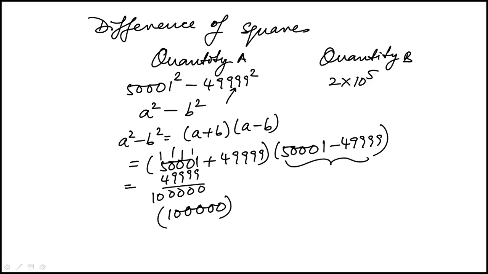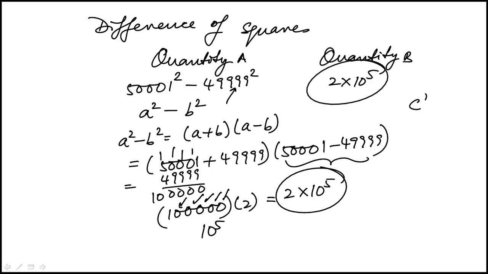And then this is just 2. And 100,000 is the same as 10 to the 5, because you just count the number of zeros. So this becomes 2 times 10 to the 5. So the two quantities are equal, and the correct answer here is C. That concludes this section of the algebra lecture.